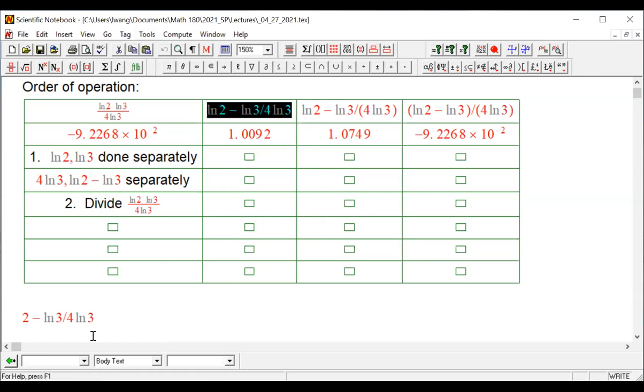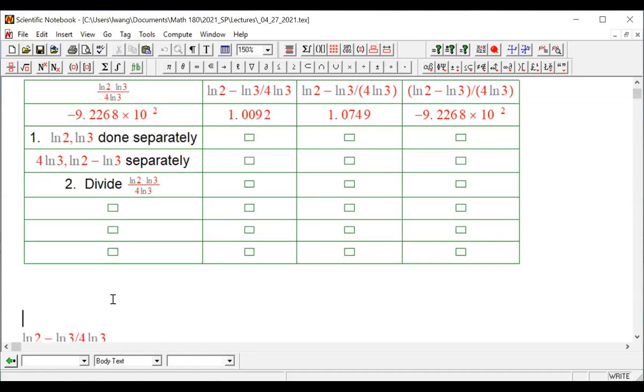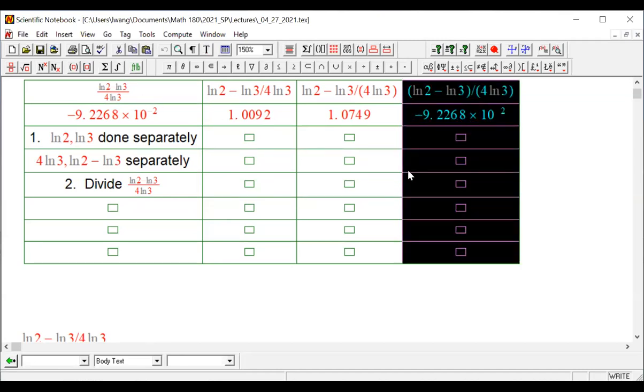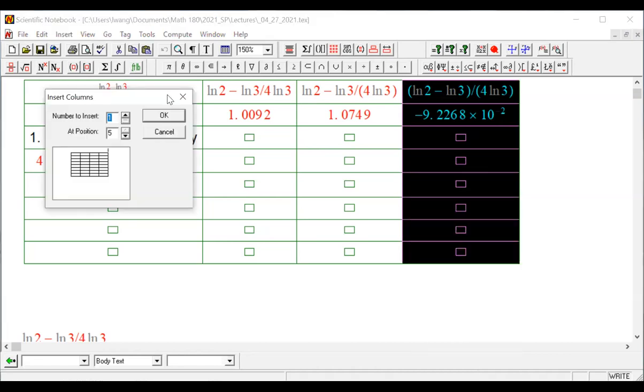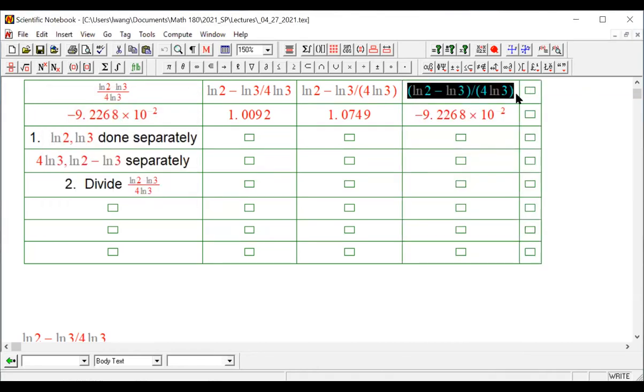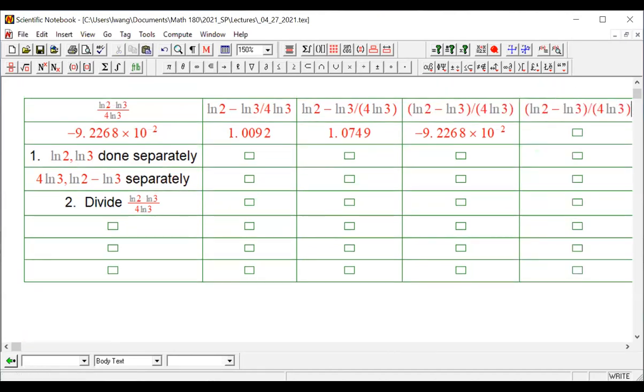One more thing. Suppose I insert one more column, so instead I have the parentheses on the numerator, but I don't have the parentheses for the denominator. What will happen? This calculation will not be the same as this number.